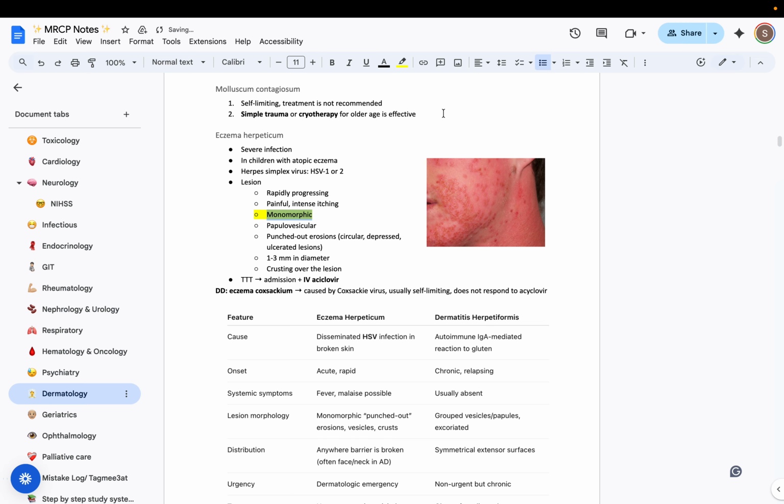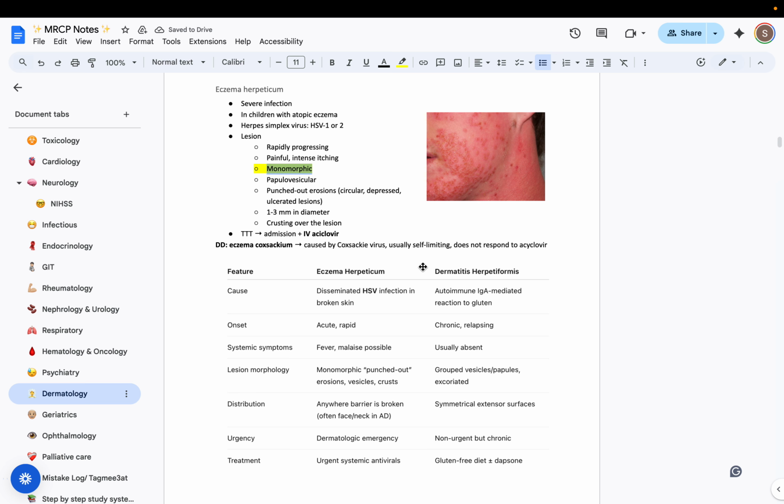An important differential diagnosis is Coxsackie. It's the same presentation, but caused by Coxsackie virus, and it would not respond to acyclovir. If it's caused by herpes simplex, you give acyclovir. If it's caused by Coxsackie, it will not respond.